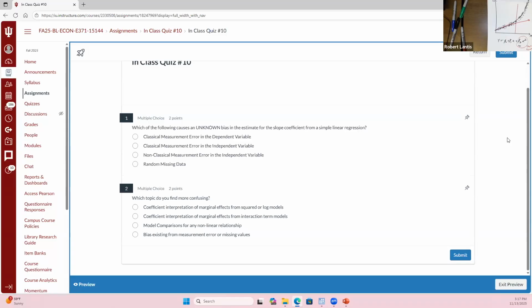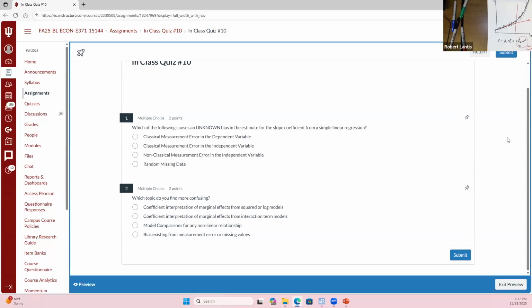Now, when it came to classical measurement error in our independent X variable, that was the one where we had this function. It was the variance of the variable over the variance of the variable plus the variance of the measurement error. So it was this kind of scaling factor. When I take a number and divide it by that same number plus something, I know that fraction will always be less than 1. We said when we had classical measurement error in our independent X variable, that always did what to our estimate?